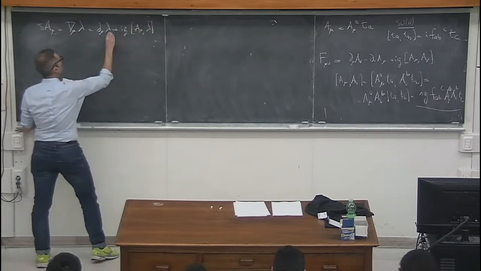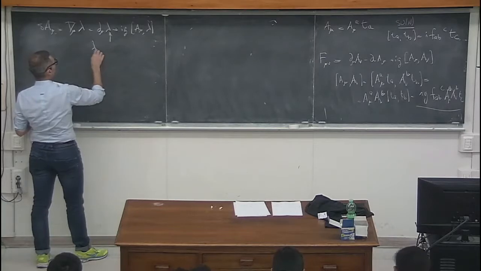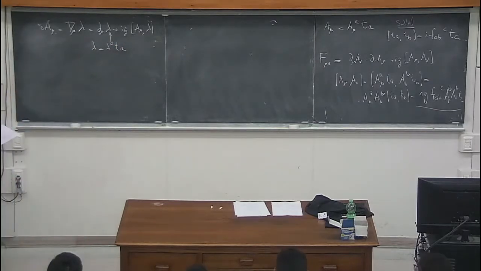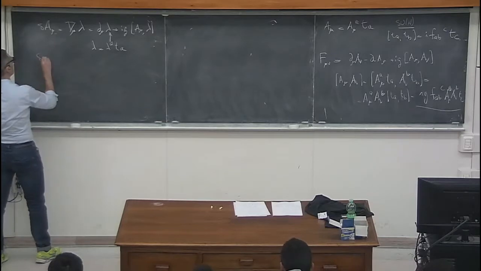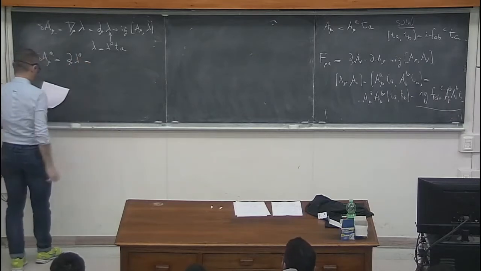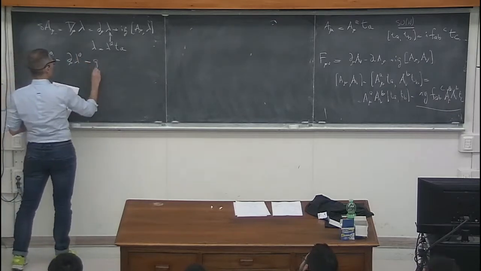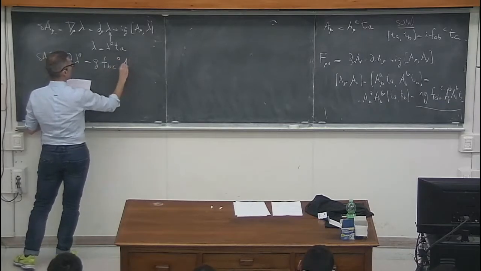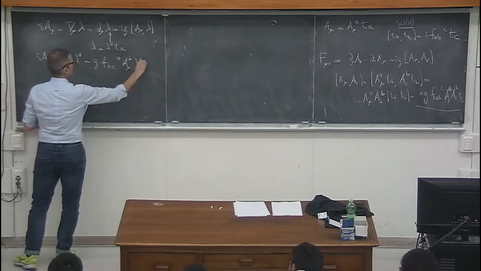Also this object has a value in the Lie algebra, so T^A. Therefore I can make it more explicit. If I do that, I find that the gauge variation of the component A is δA_μ^A = ∂_μ λ^A plus g f^{ABC} A_μ^B λ^C.